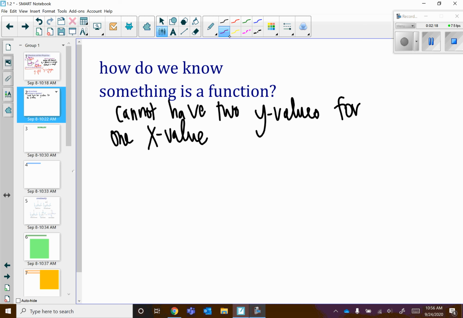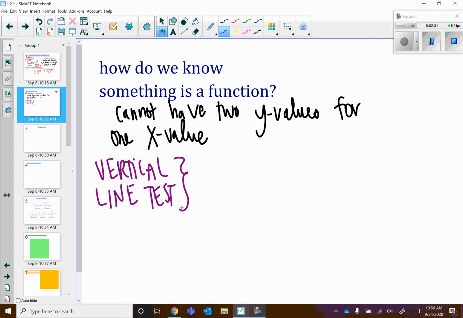One way to check if something is a function visually is called the vertical line test, which does hopefully what you would think. You take a vertical line.